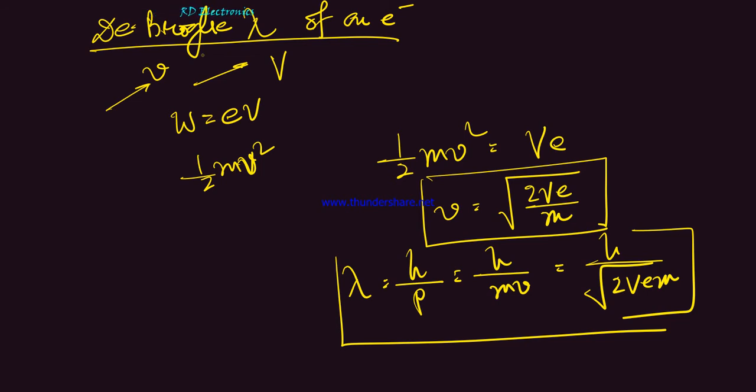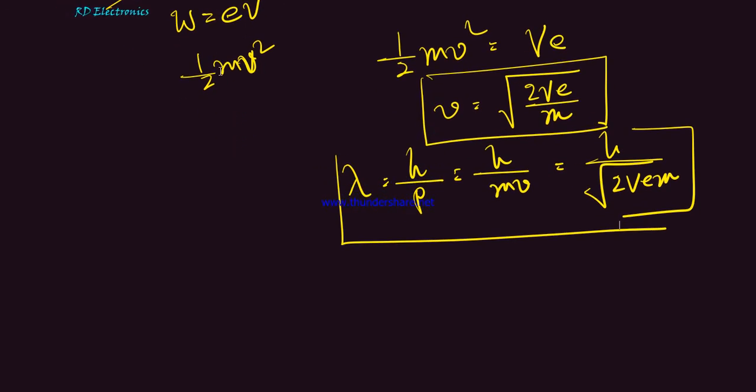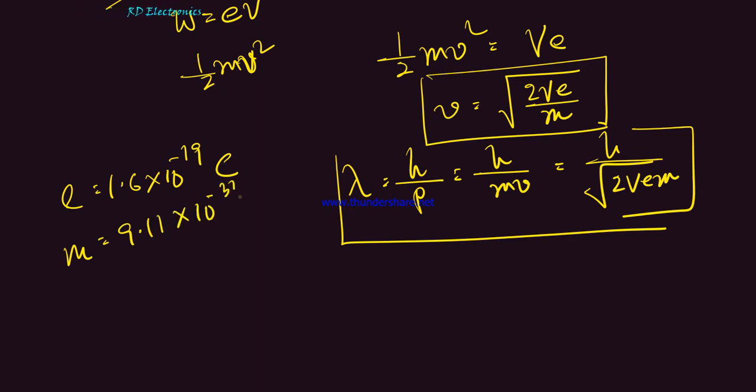Now we calculate some parameters related to these mathematical equations. Now e is basically 1.6 into 10 to the power minus 19 coulomb. m is the mass of the electron, which is 9.11 into 10 to the power minus 31 kg. And Planck constant equals 6.62 into 10 to the power minus 34 joule second.